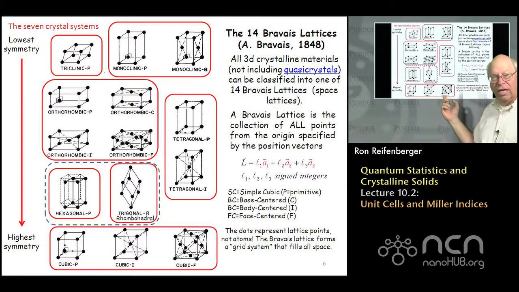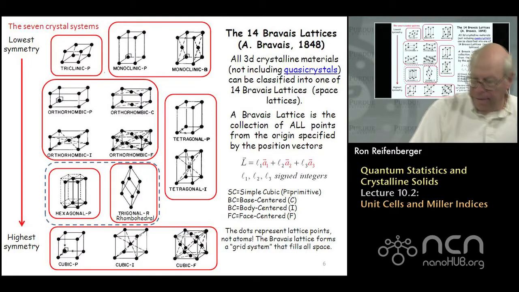And then there's the face-centered cubic, which involves an atom located at the center of the face of each cube, right? So these are referred to as the primitive, the body-centered cubic, and the face-centered cubic structures.